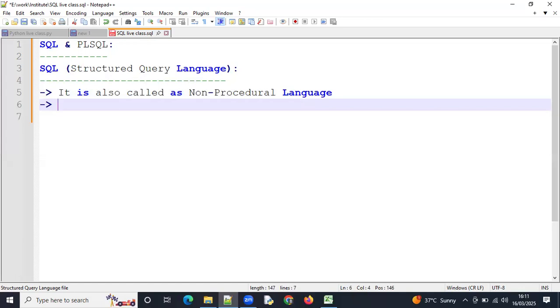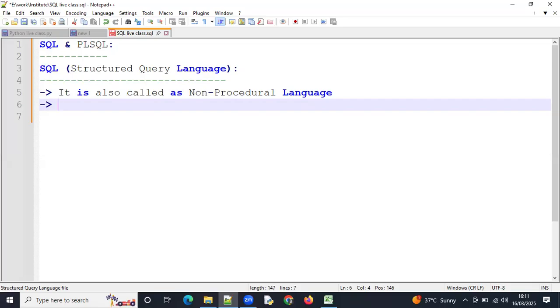In other languages, whatever we write are instructions called programs. But in SQL, whatever instructions we write are called queries. Queries are nothing but small executable commands.